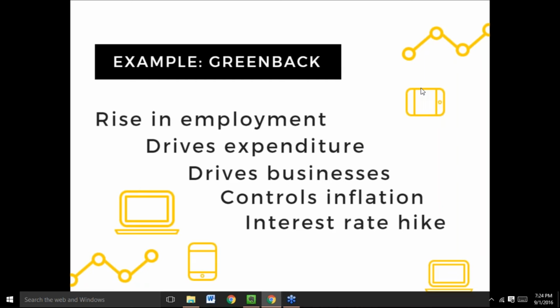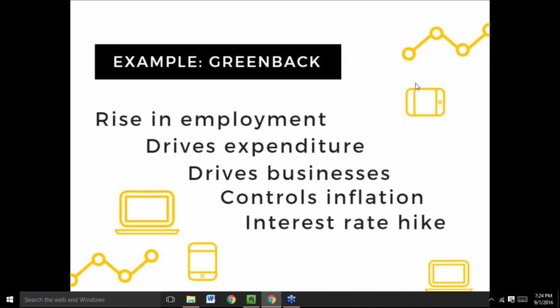We look for factors that dictate the economic strength of a country. If these factors are good, if the figures given are good, we can say that the economy is doing well. So in the US, they highly value the data that involves jobs or anything that indicates a rise in employment.